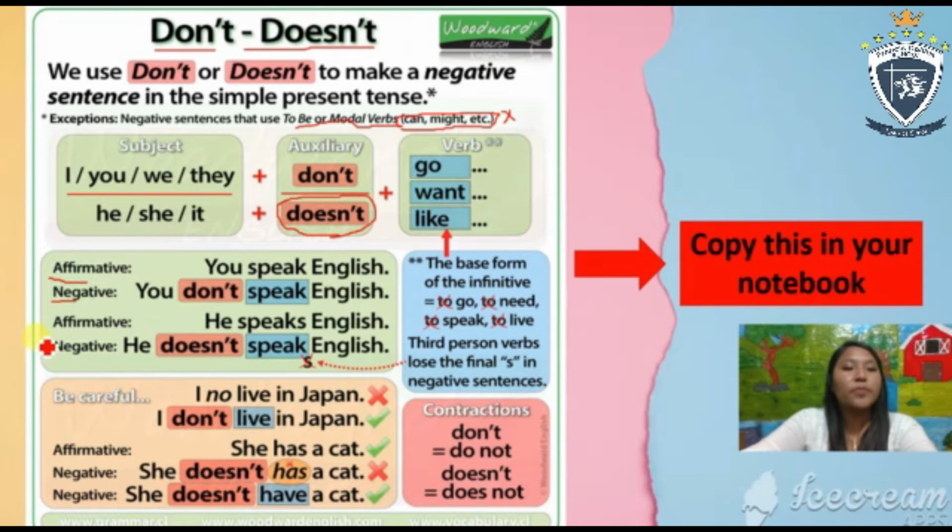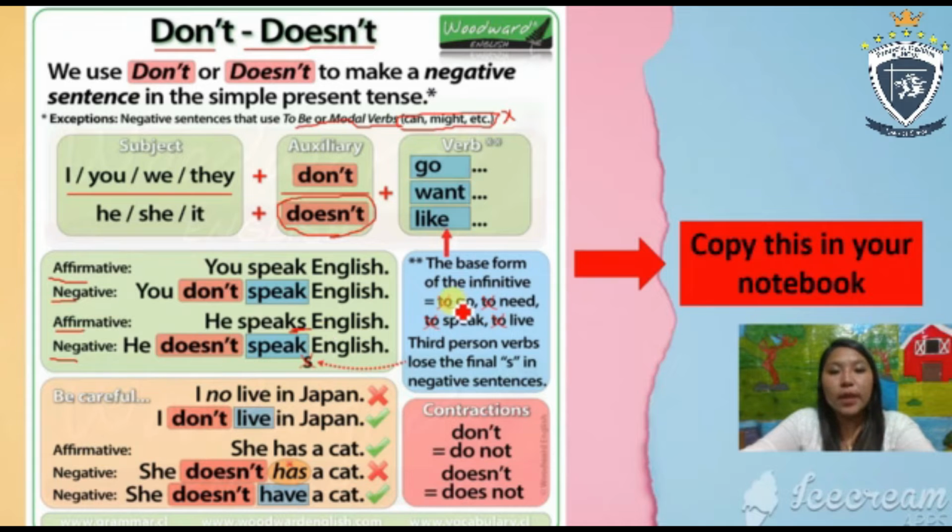Very good. Next, affirmative and negative. We are using the pronoun he. In the affirmative, he speaks English, and he doesn't speak English. He doesn't. ¿Qué pasó? What happened? We have here the verb in the normal form.